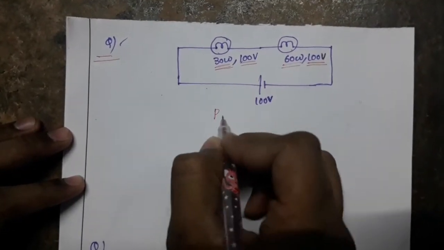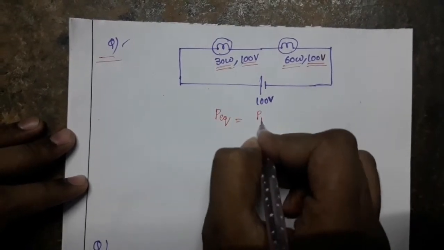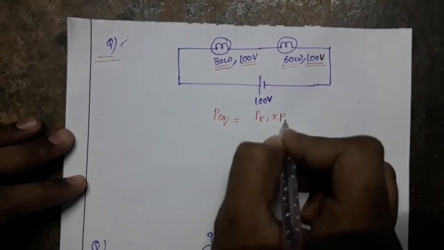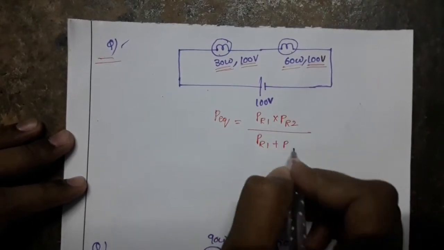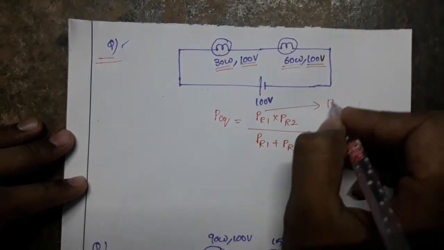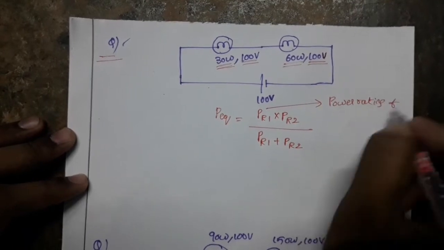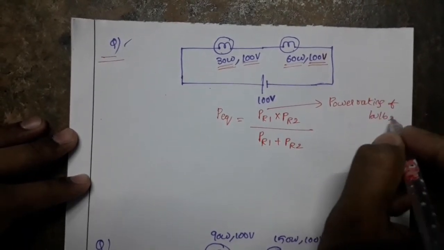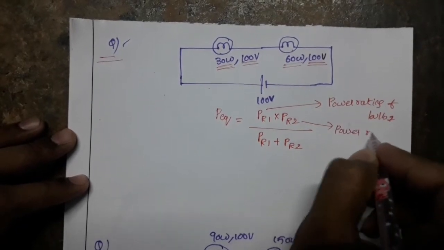So, for the power equivalent, we know that P equivalent equals PR1 into PR2 divided by PR1 plus PR2, where PR1 is the power rating of bulb 1 and PR2 is the power rating of bulb 2.